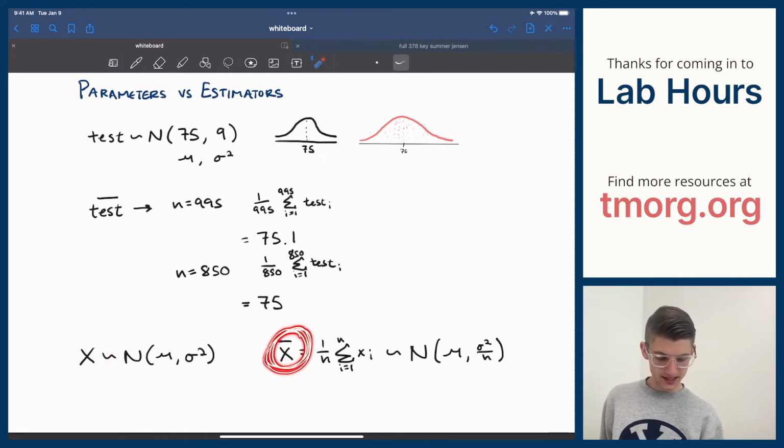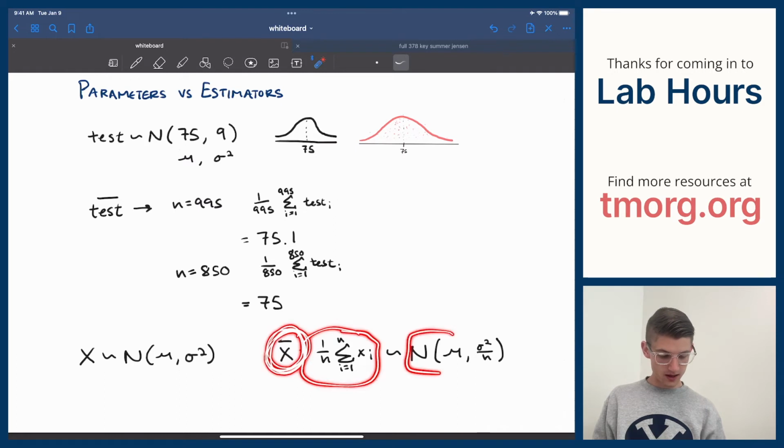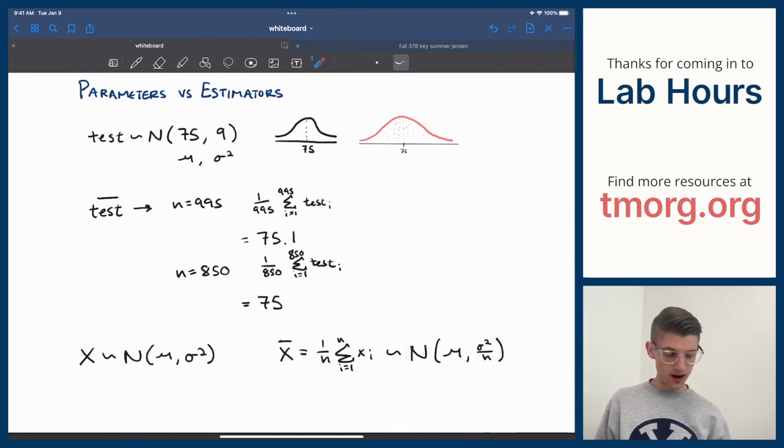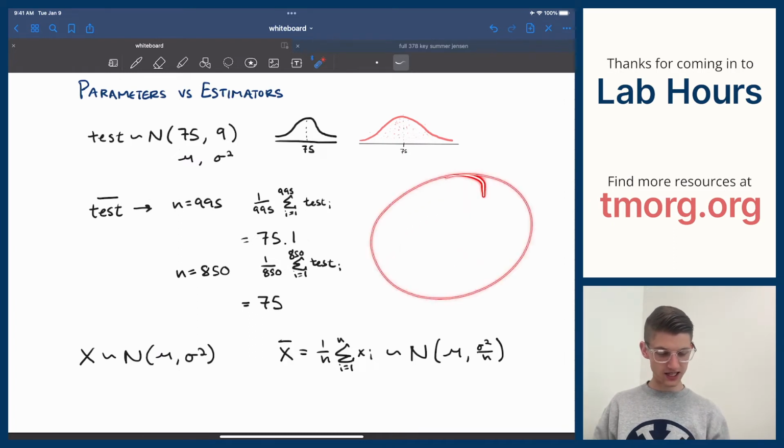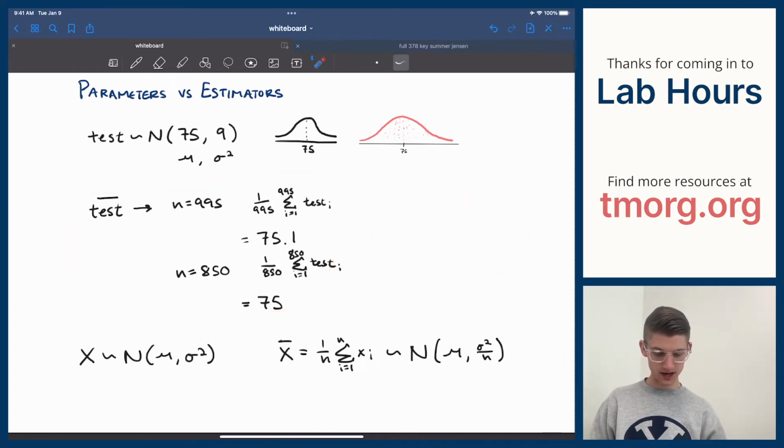X bar itself becomes a variable. But this variable, this estimator, has a super useful property. In this case, its average is also mu, right? Just by the way that we've built it with the underlying math and stuff like that. And you've seen why that's the case, just in this little mini example here, okay?